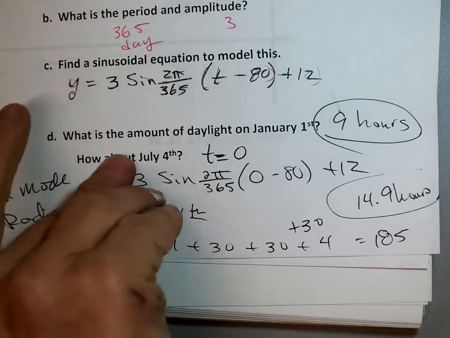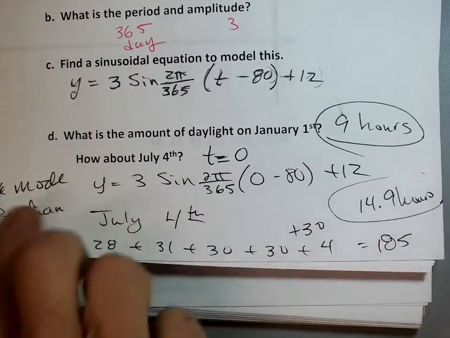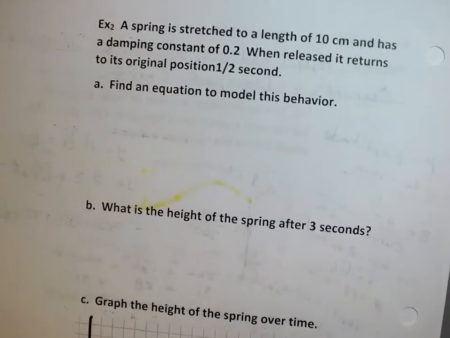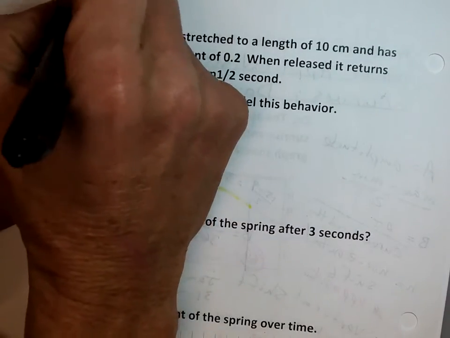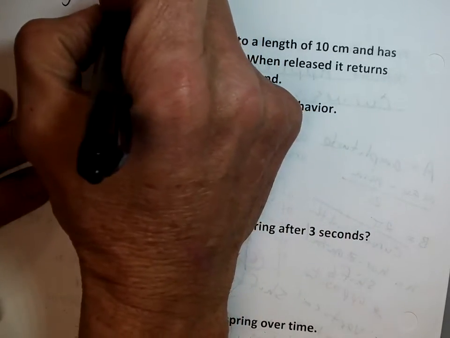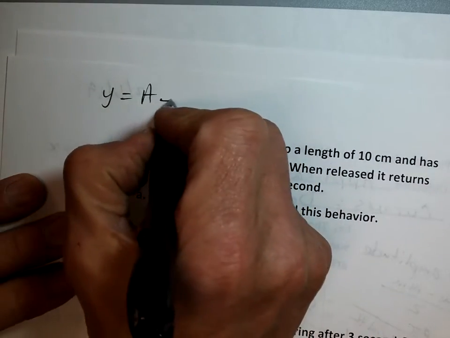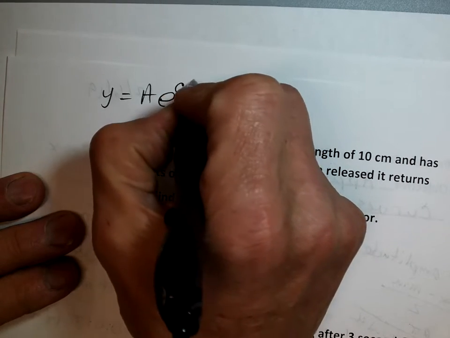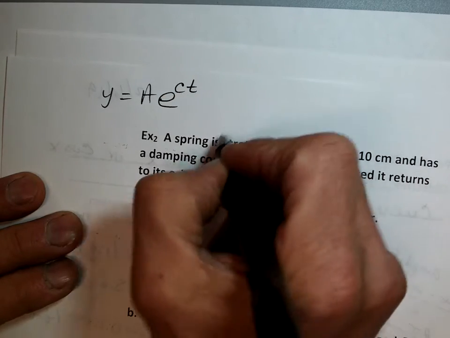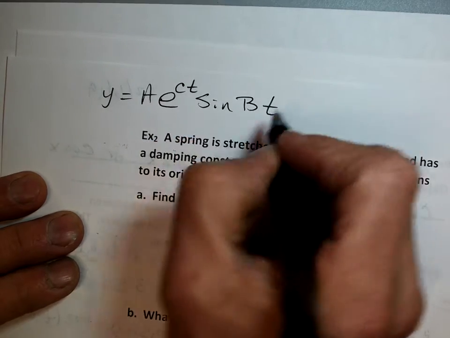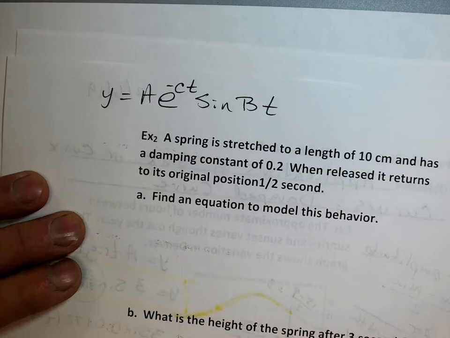Ready? So let's take a look at the back side. We need to write this formula down. Y is equal to A e to the negative CT sine of BT.